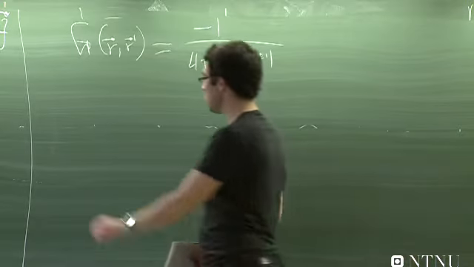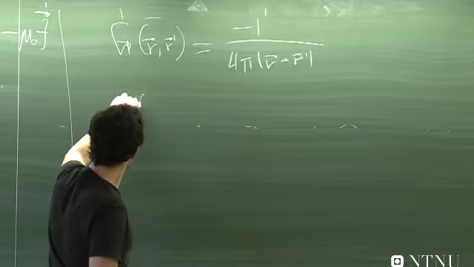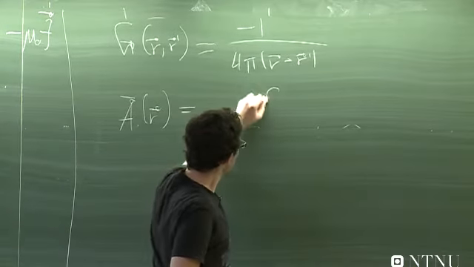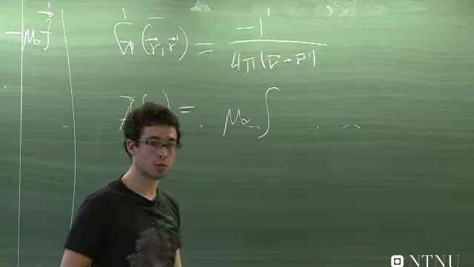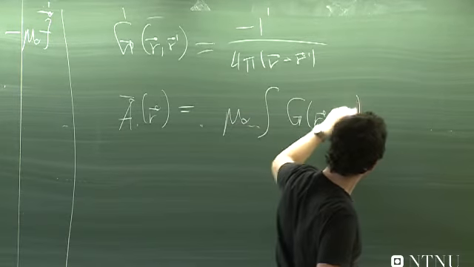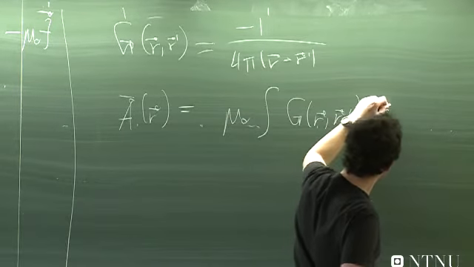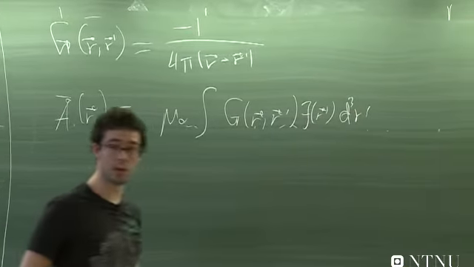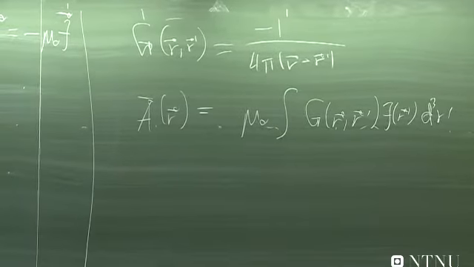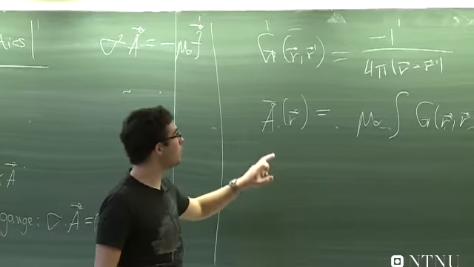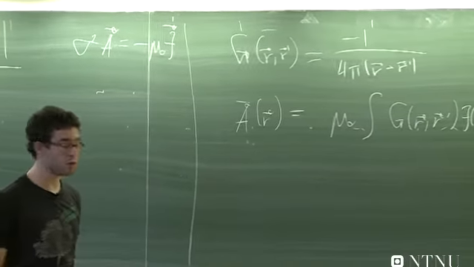And the solution, A of r, is simply equal to mu naught times the integral over the Green's function times the sources. So G of r, r prime, J of r prime, d3r prime. Same as for the scalar potential. Also here we can have some special cases for the current distribution J.